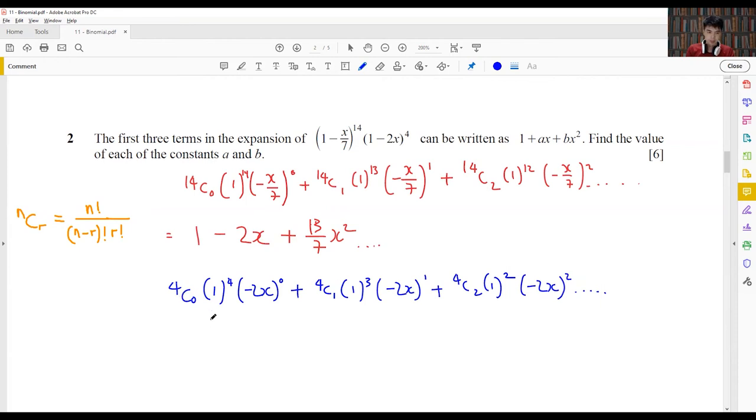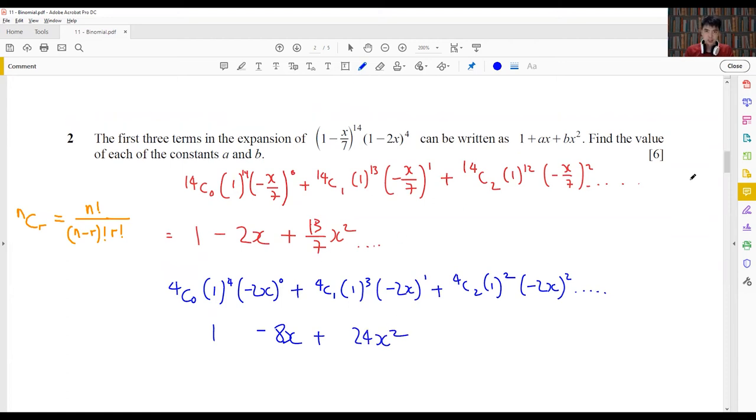So simplifying this is just 1 minus, this should be 4 times negative 2x, minus 8x, okay? And then this would have been plus 4c2 is 6 times negative 2 square. All right, this would end up giving us 24x squared, right?